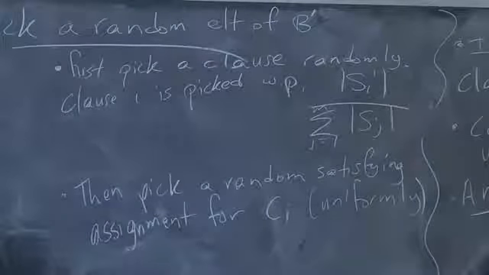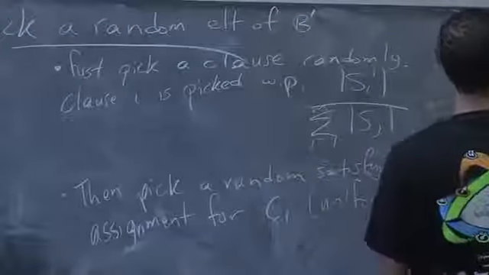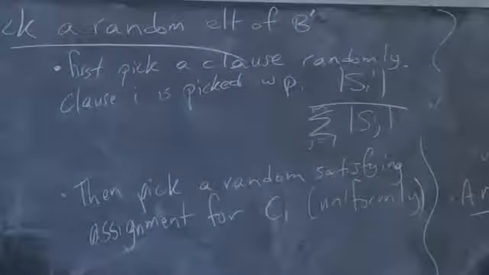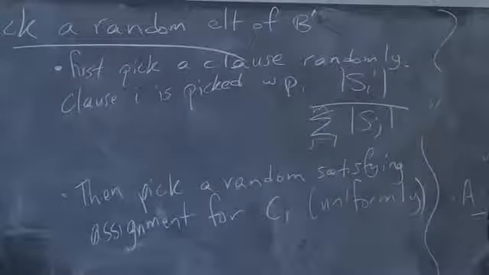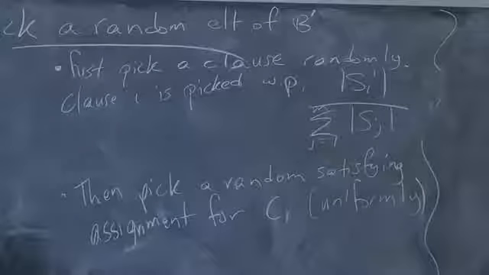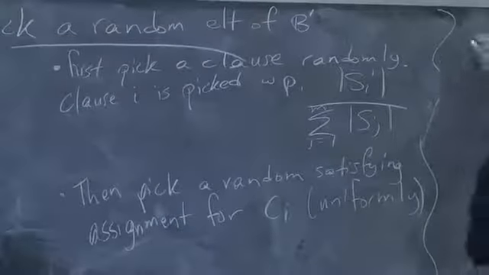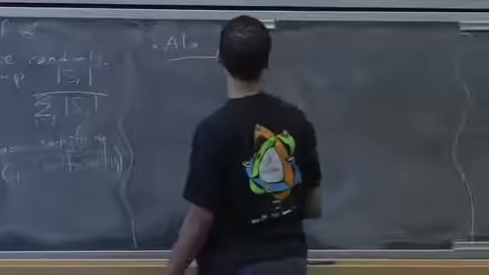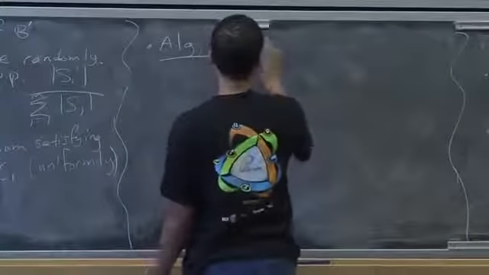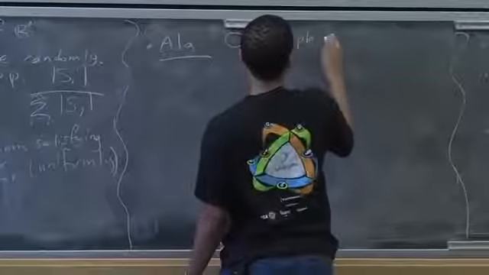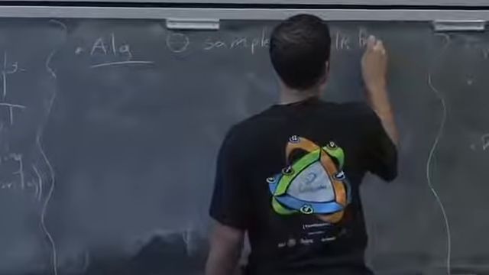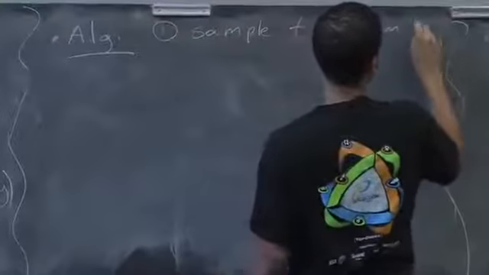Okay, so that's the entire algorithm. We sample and estimate p prime. So now we just want to argue that this works. So the final algorithm is: sample t elements from B prime.